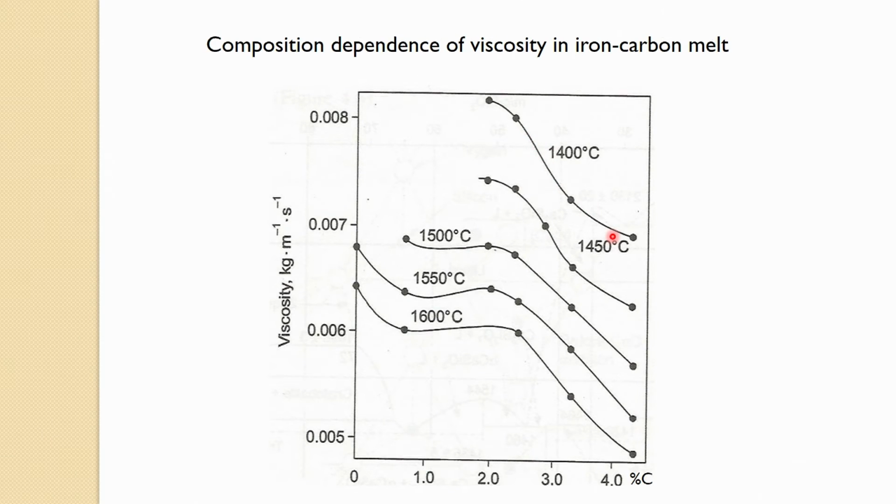Viscosity usually reduces as the carbon percentage in the melt increases, but mostly between 1 and 2% it is similar, and then it keeps on reducing. So, one can get the viscosity, density, surface tension and melting temperature of liquid iron from these correlations or figures.